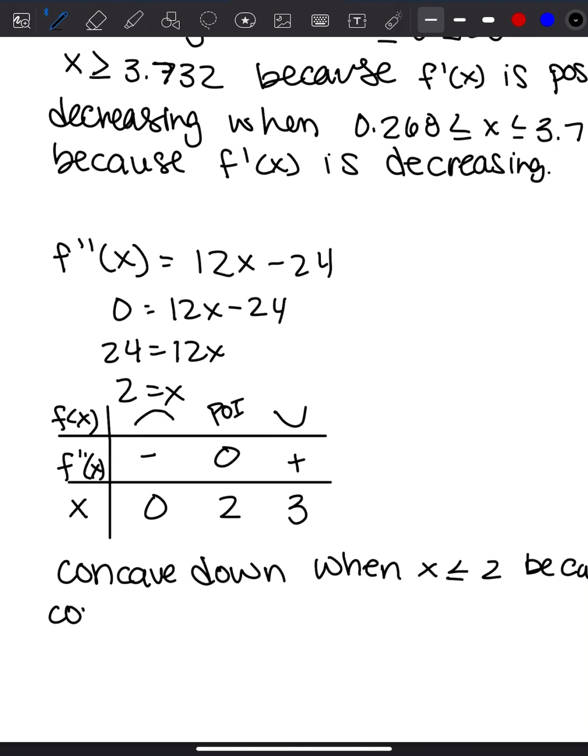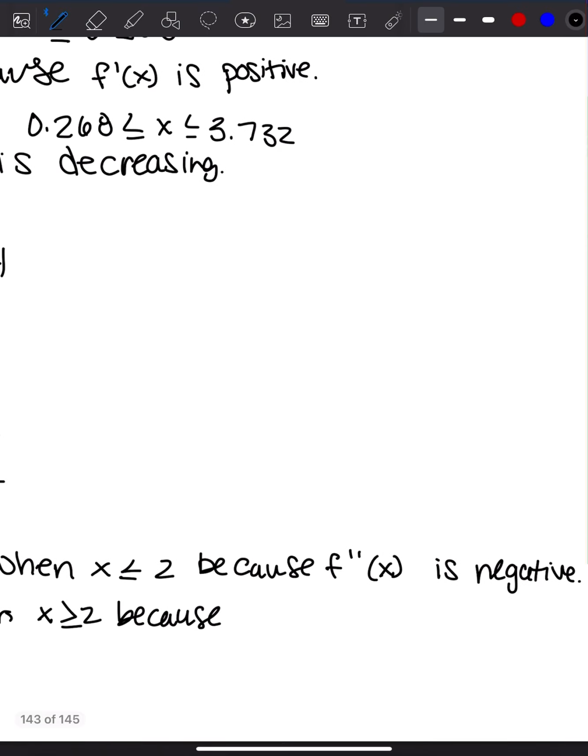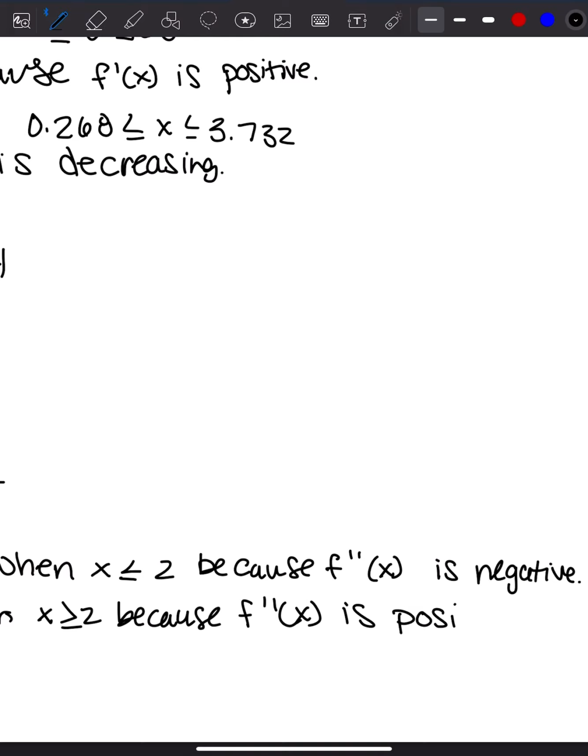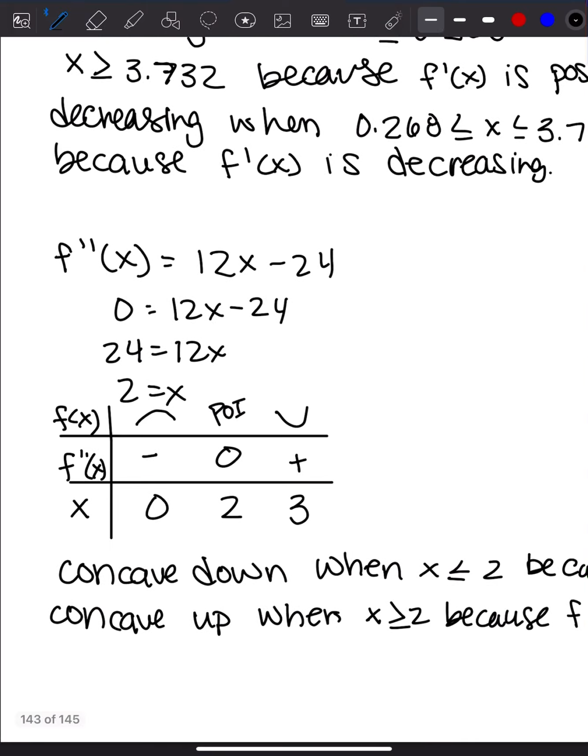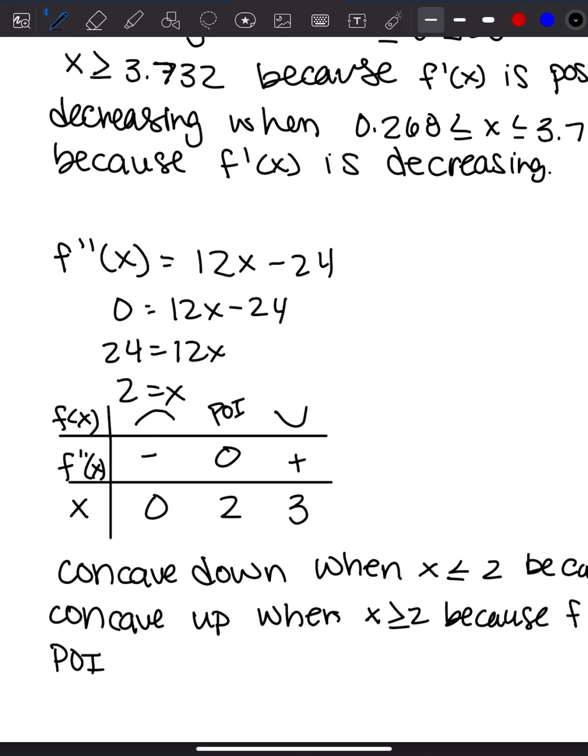I am concave up when x is greater than or equal to 2 because f double prime is positive. And I know I have a point of inflection because that is where we are changing concavities.